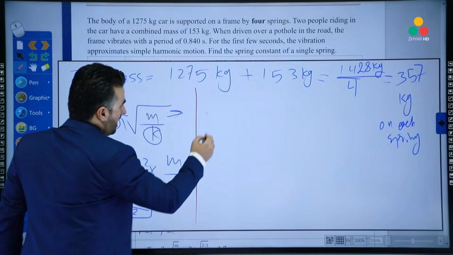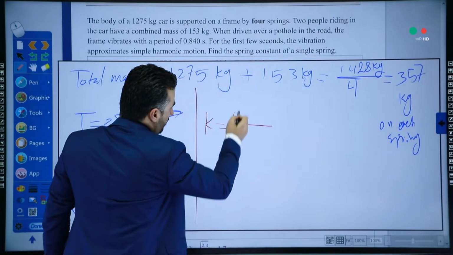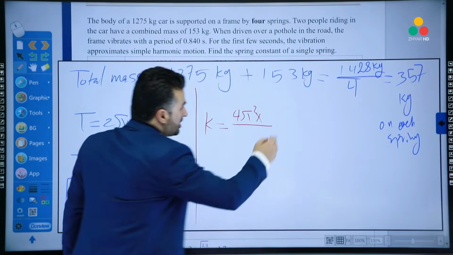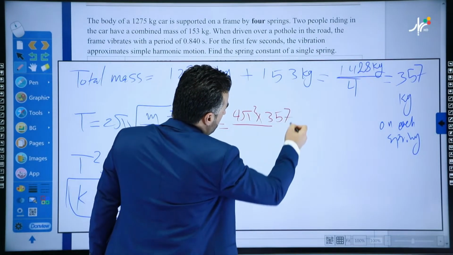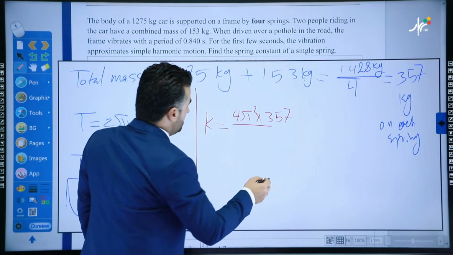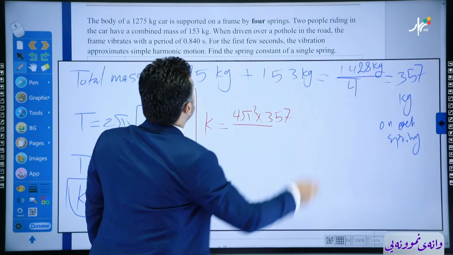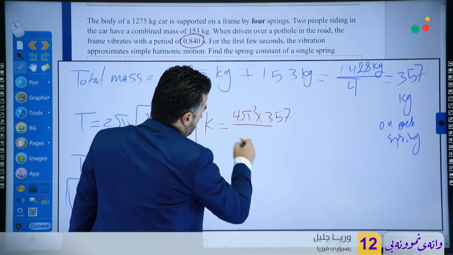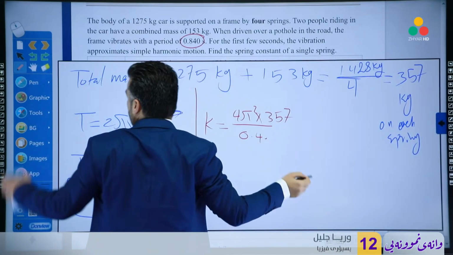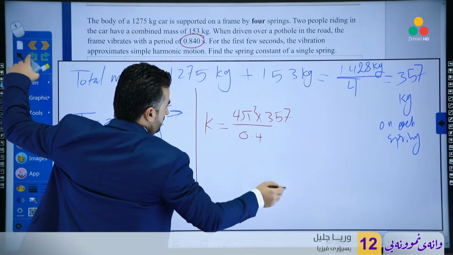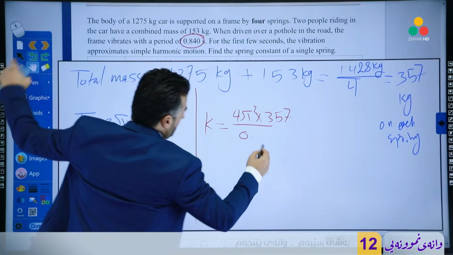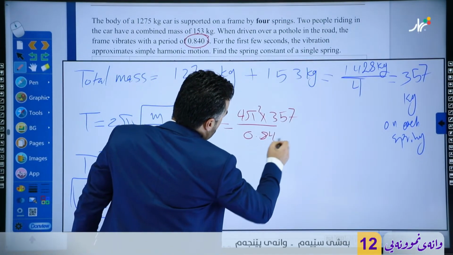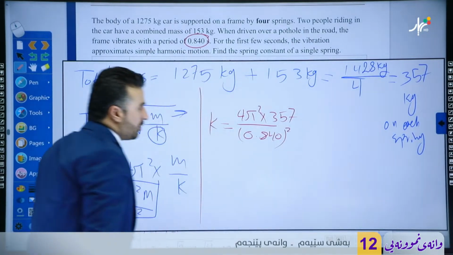So the spring constant k equals 4 pi squared multiplied by the mass. Remember, the mass on each spring was 357 kilograms, divided by the period squared. The period was 0.84 seconds, but the period is squared, don't forget this.